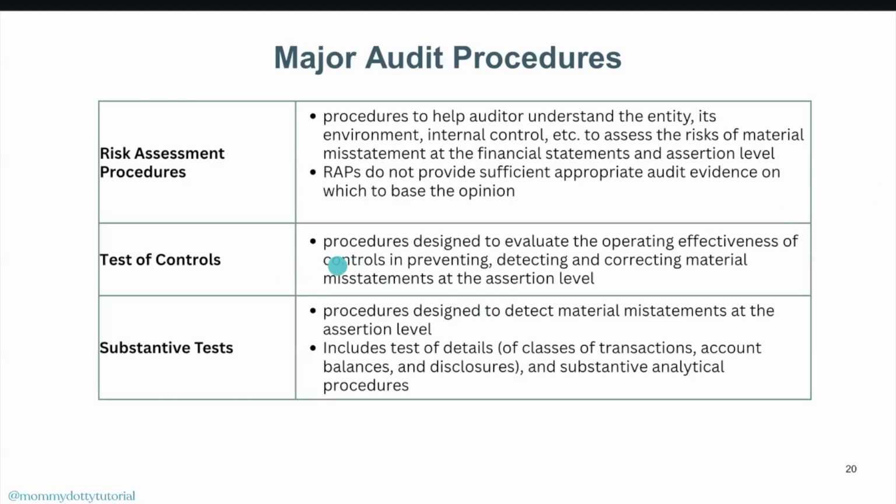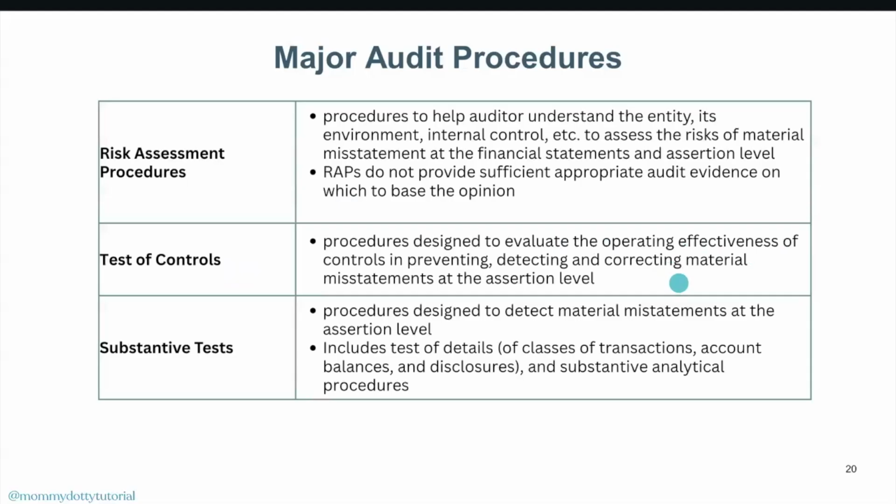So tests of controls are procedures designed to evaluate the operating effectiveness of controls in preventing, detecting, and correcting material misstatements at the assertion level. So the testing of control is basically testing, by observing and reperforming, to see if the management's control or the internal control is actually effective. So that's why it's here, operating effectiveness.